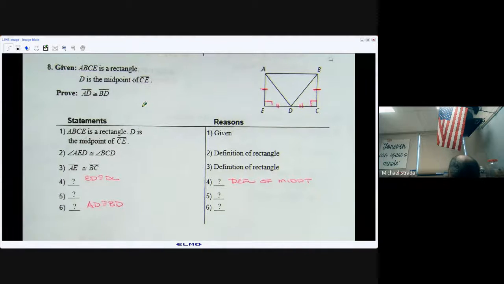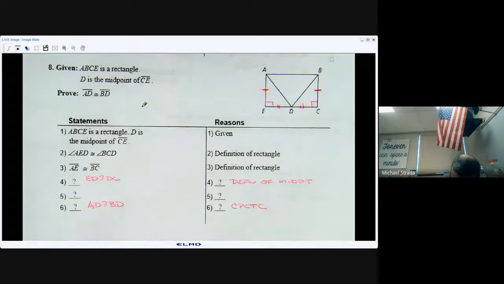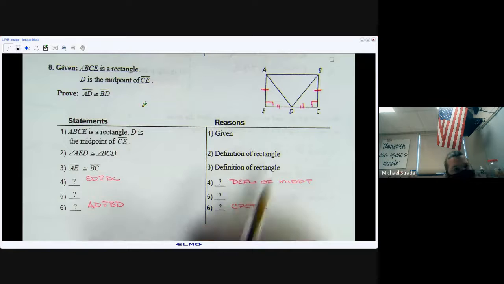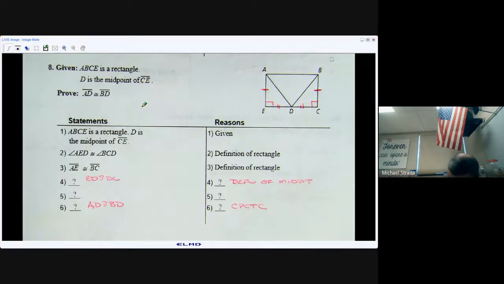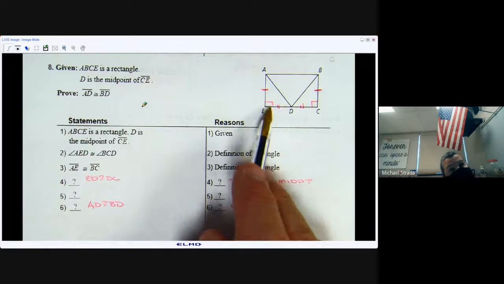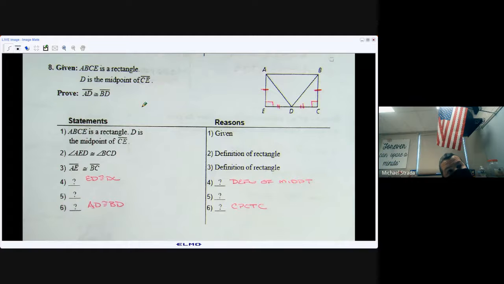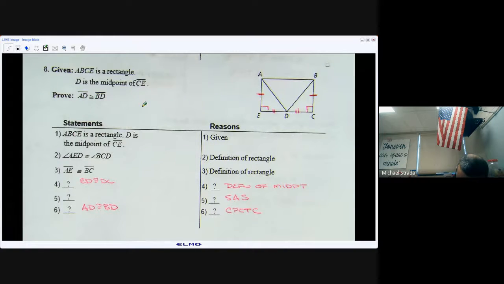What 5 letters are going to tell us AD is congruent to BD? CPCTC. Looking at my diagram, which 3 letters tell us the triangles are congruent? Side angle side.